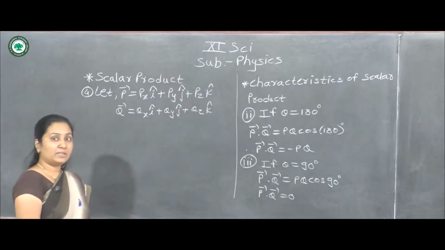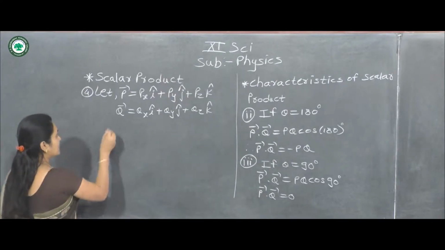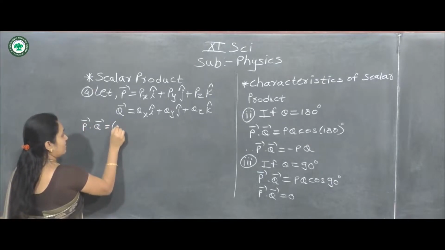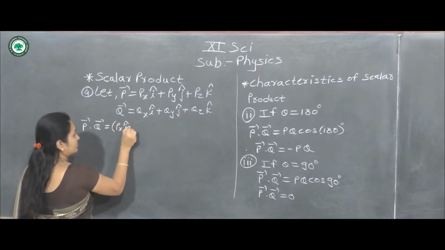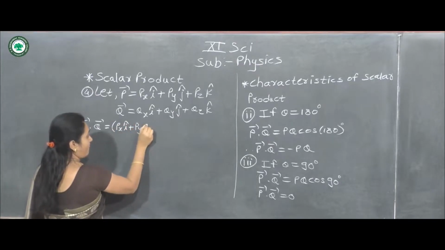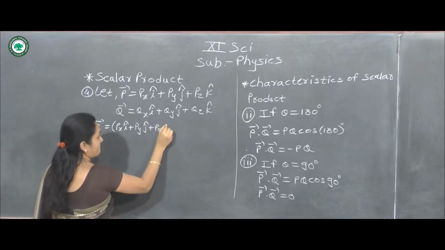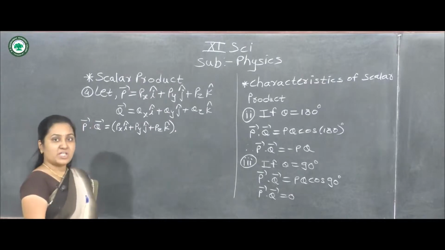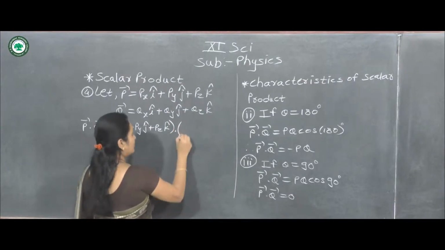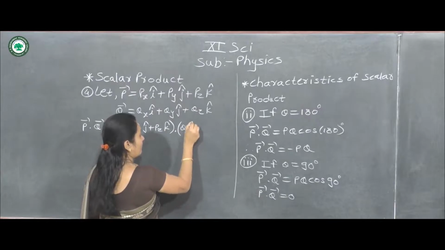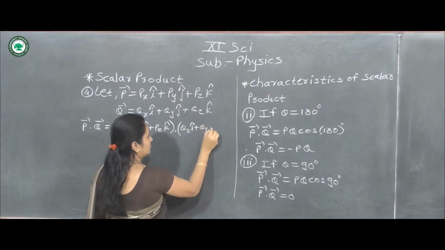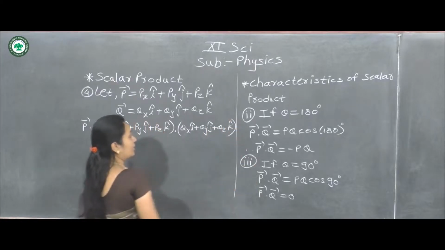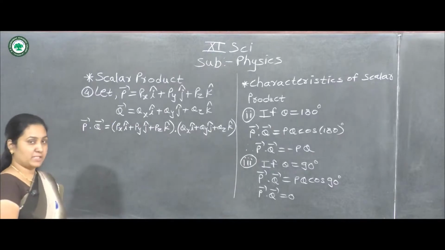Now we have to find the dot product of these two vectors, that is P bar dot Q bar, which is equal to Pxi plus Pyj plus Pzk dot Qxi plus Qyj plus Qzk.